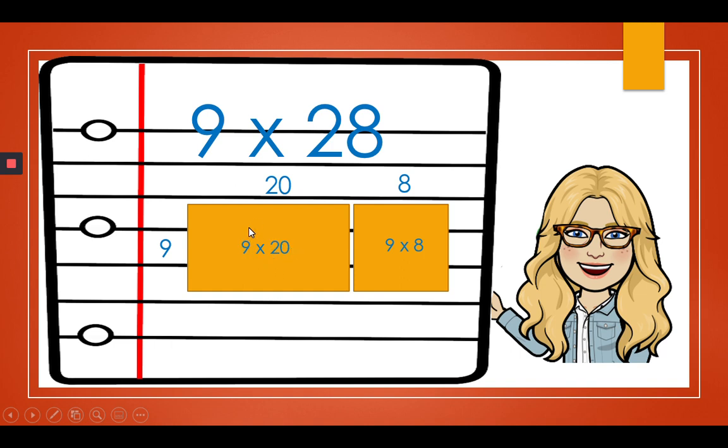So we're going to multiply this 9 by this 2 tens. Let me get a little pen. We'll pick a blue. Really what we're doing is we're going to multiply this 9 times 2.